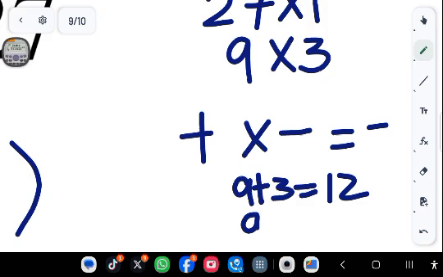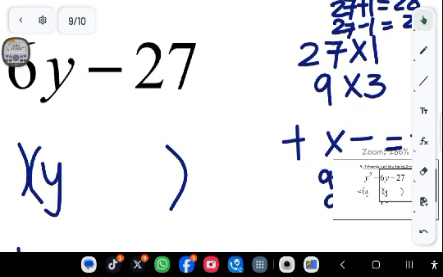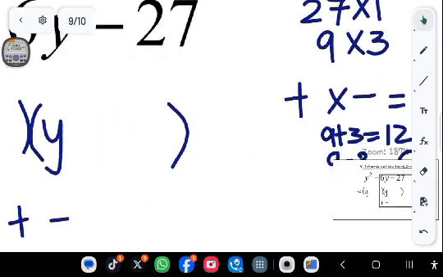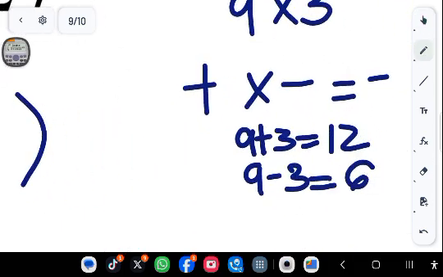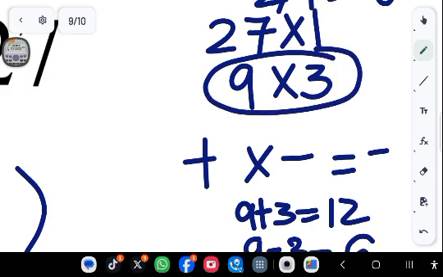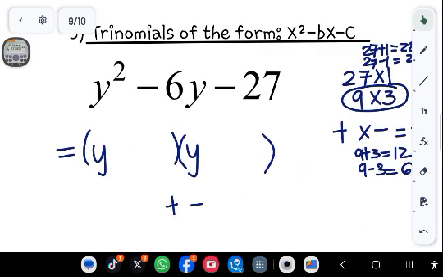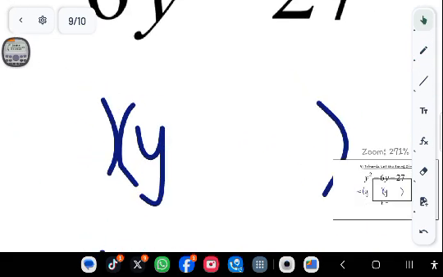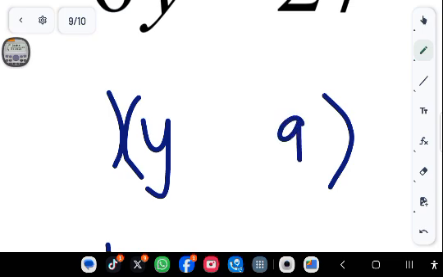And when you subtract 9 minus 3, it gives us 6. So the combination that will give us 6 is the last one, 9 and 3, because when you subtract, you get 6. So we'll have a 9 in one and a 3 in the other.